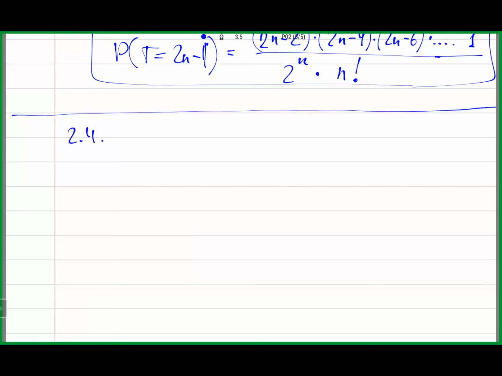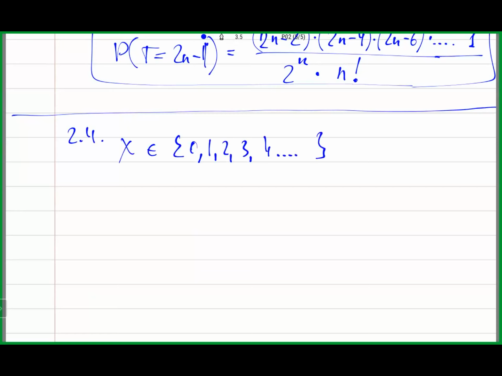2.4. We have a random variable X that takes non-negative integer values. So X belongs to 0, 1, 2, 3, 4, and so on.